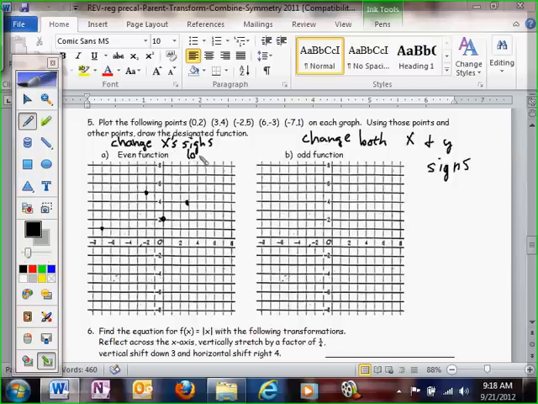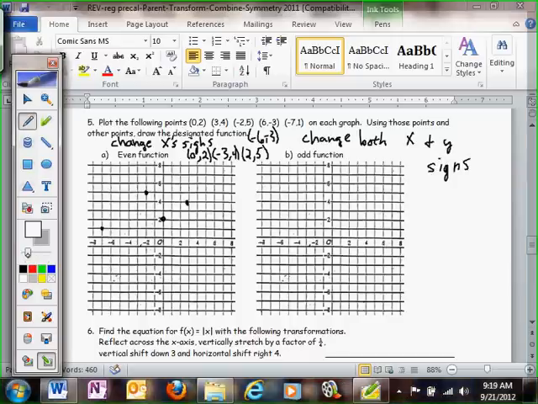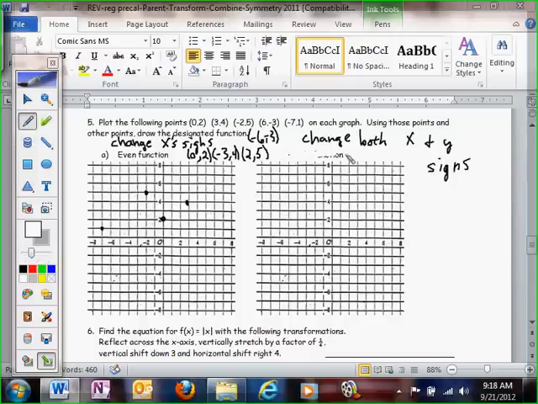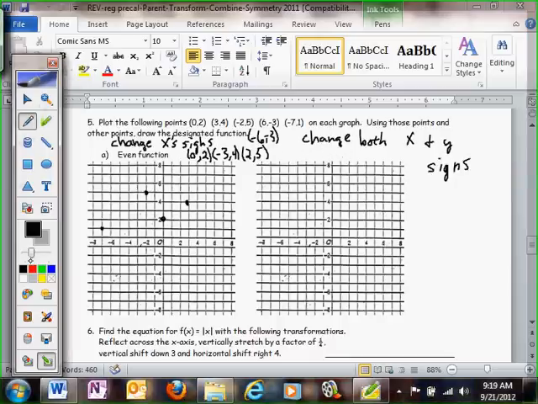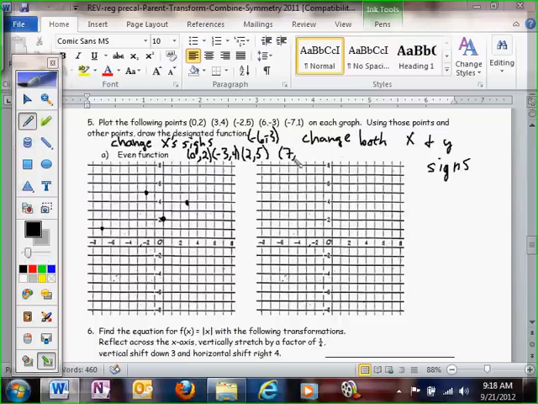And so that gives me the signs of the x values. Well, 0 doesn't have a sign, so that remains 0, 2. Then I get negative 3, 4, positive 2, 5, negative 6, negative 3, and then I also have positive 7, 1.